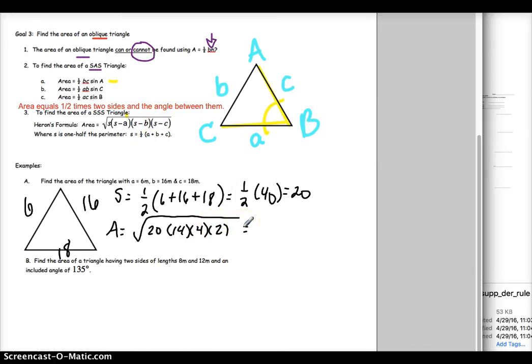So take a moment and find that area on your calculator, please. And that area is 43.3 units squared. Oh, they gave us meters, so we'll say meters squared.